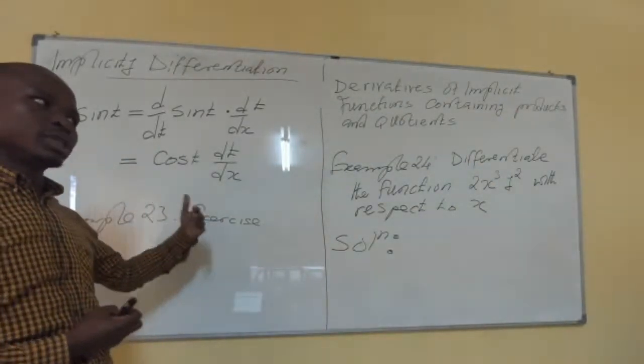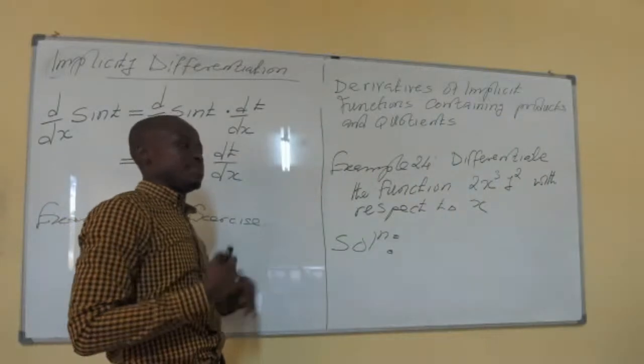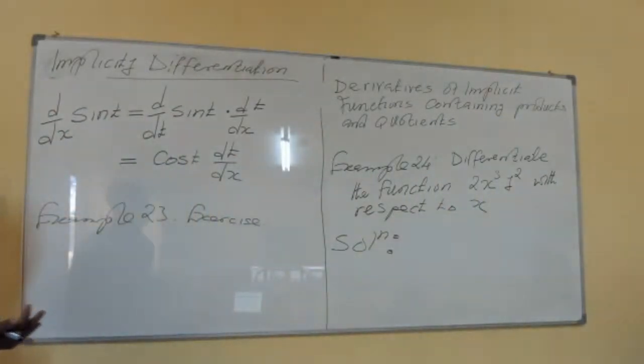So you need to use the method of differentiating implicitly to arrive at the derivative of that given function. The question we need to ask ourselves is: how can we differentiate that given function?